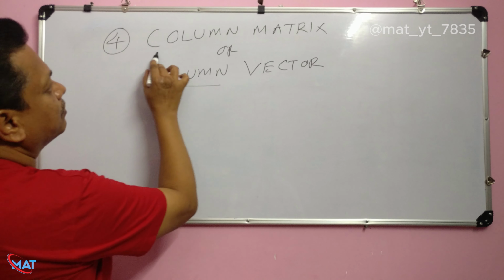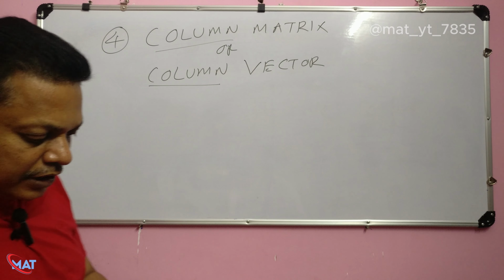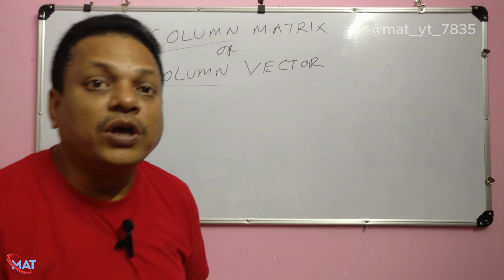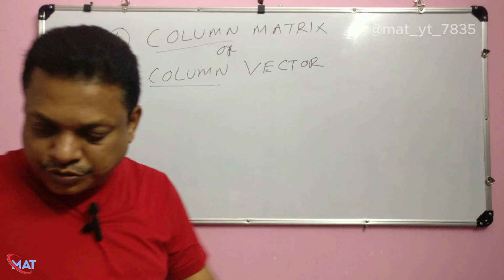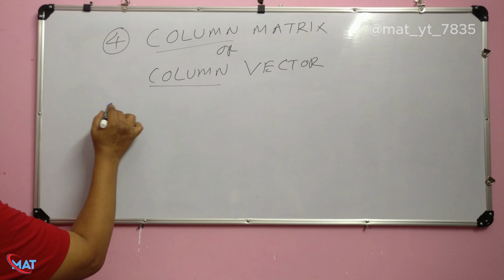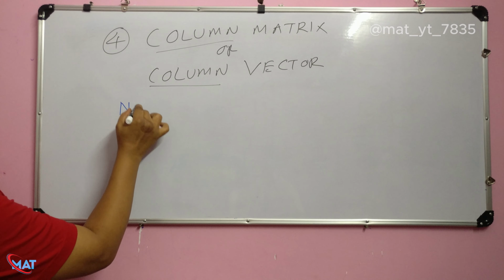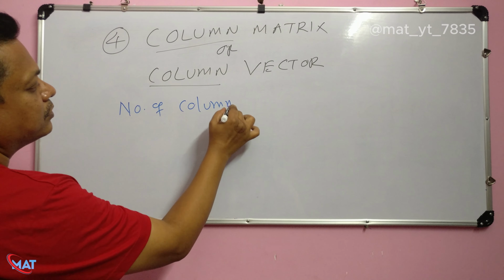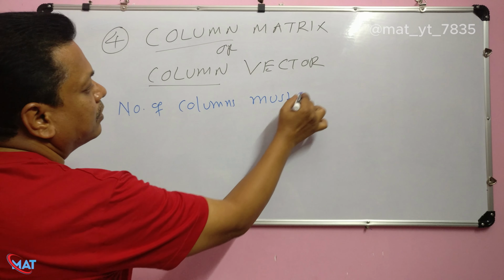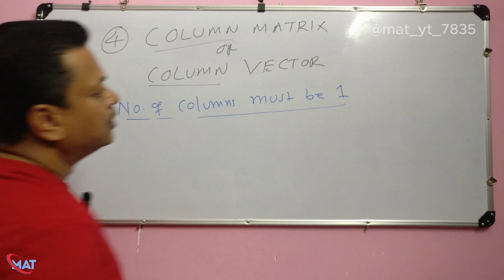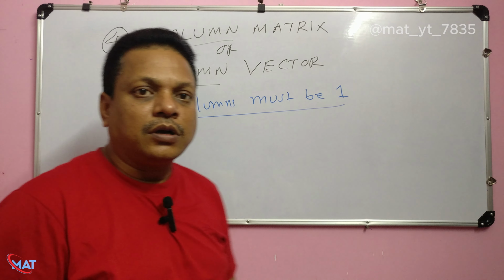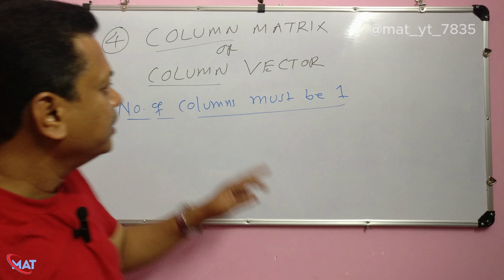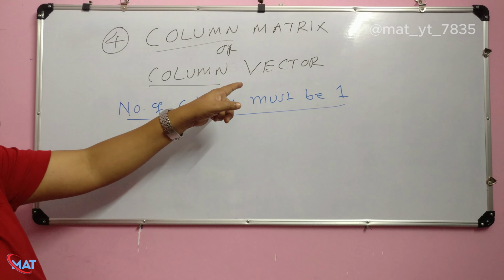The first word is column, so the matrix must contain only one column and many rows. One column, many rows. So here the number of columns must be 1. If a matrix contains only one column, then it comes under column matrix or column vector.